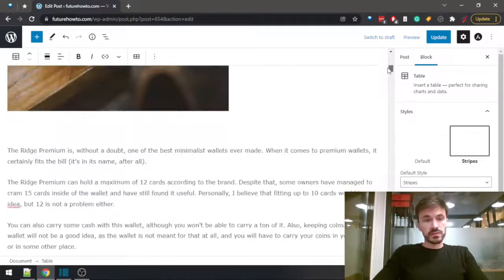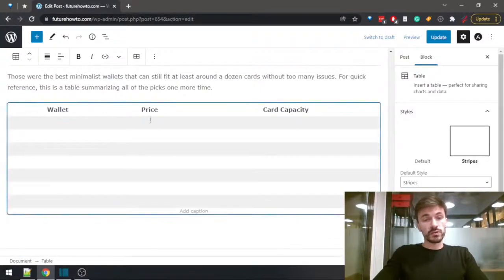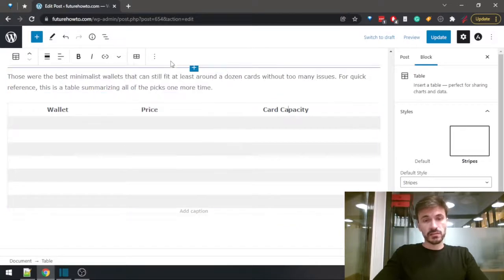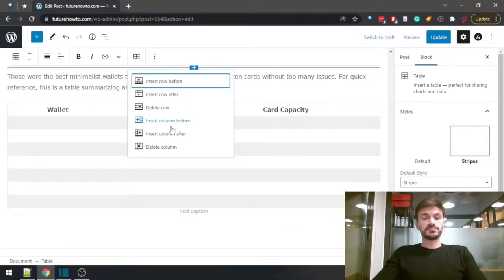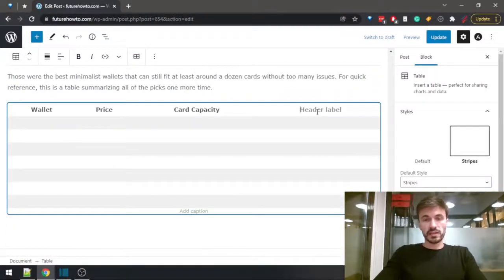Let's grab the names of the wallets. So we have Ridge. Oh yeah, I forgot one. That's use cases. So that can maybe come last. I don't know why it keeps taking me back to the beginning of the article, but use cases.